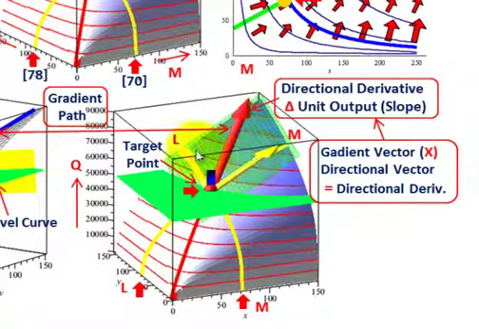So this is what we're talking about: this gradient vector, these yellow gradient lines, times a directional vector equals our directional derivative, or our output exactly at our targeted point, based on the labor and material combinations we're looking at. When we're talking about these gradient vectors, they tie into what they call the directional derivative, or the change in unit output, or the slope exactly at that point.